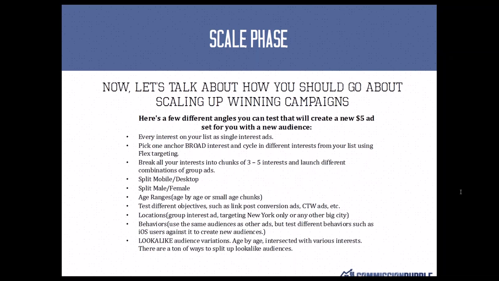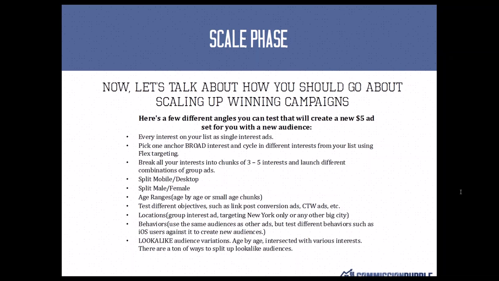So here's the split test. This is just some of the ways that you can split test to create a new $5 ad set. It gives you another excuse to create another $5 ad set, which will pull out a chunk of people for you and bring you more traffic and give you another asset to test to see if you can pull in a sale by the time it hits however much your threshold is for each asset.